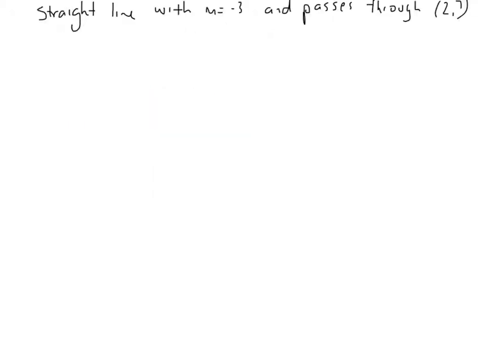The next question, we're asked to find the equation for a straight line which has a gradient of -3 and passes through the point 2,7. So I'm just going to start off with y is equal to mx plus c. We know that m is equal to -3, so y equals -3x plus c.